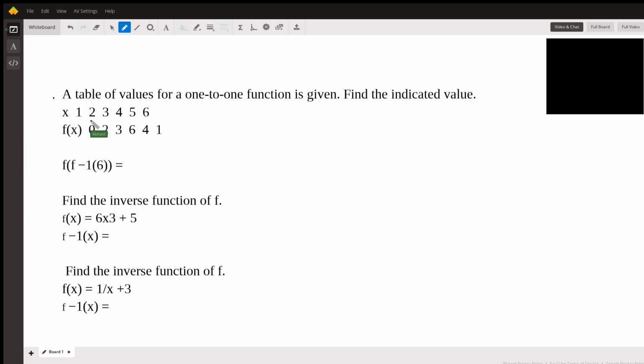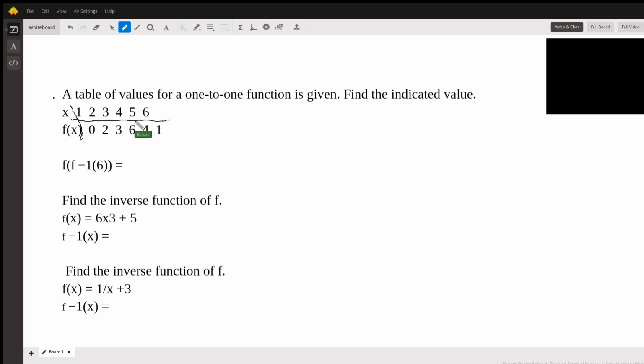And you can see the table looks like that. Right? You've got the x and the y value here. So the points would be 1, 0, 2, 2, 3, 3, 4, 6, 5, 4, 6, 1.